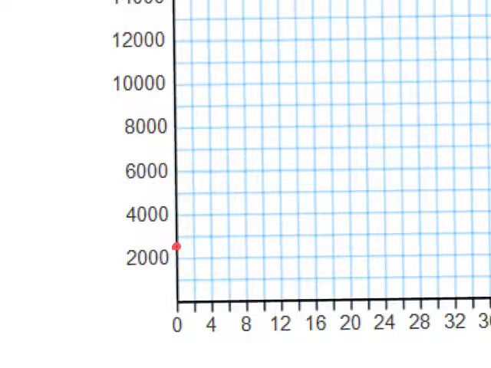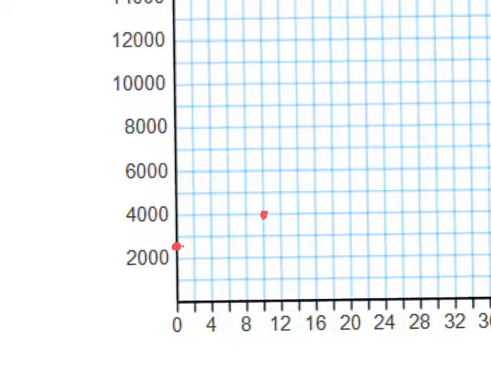And 10 years from now, you're going to increase $1,500, because every year is 150. So 10 years from now is going to increase 1,500. So I need a dot right there.